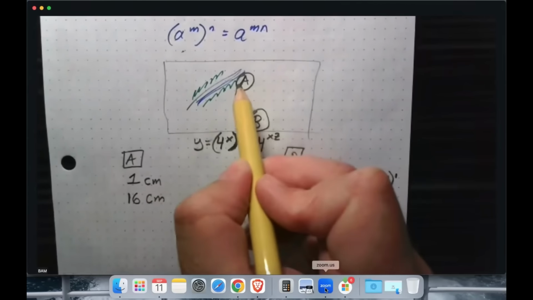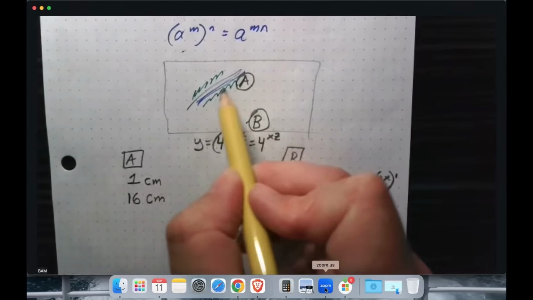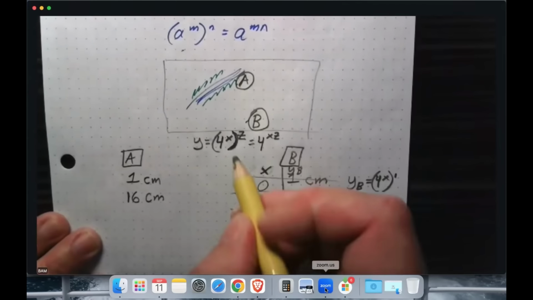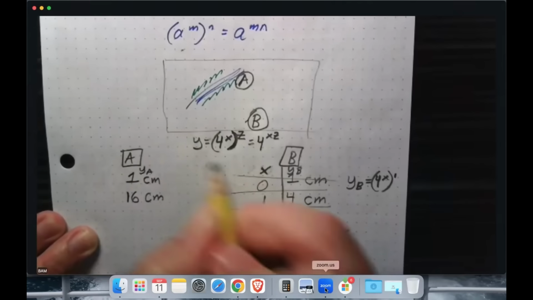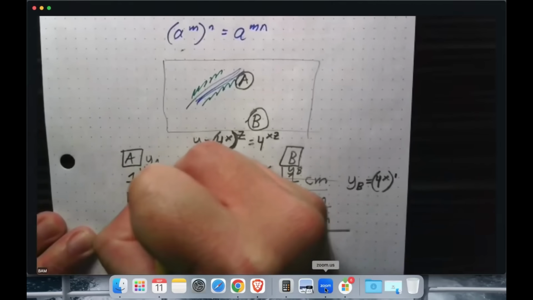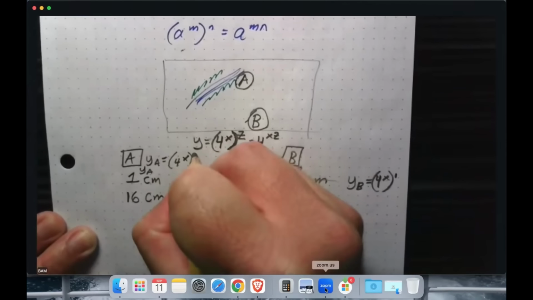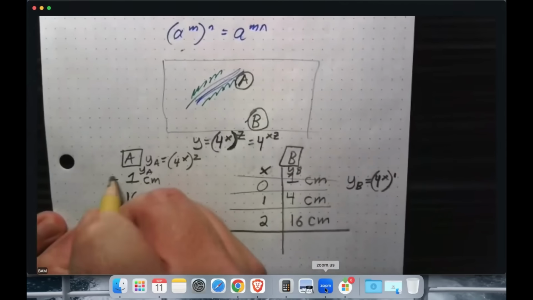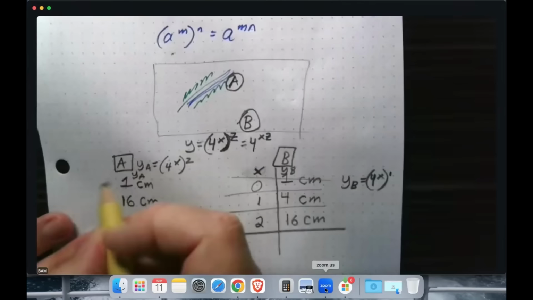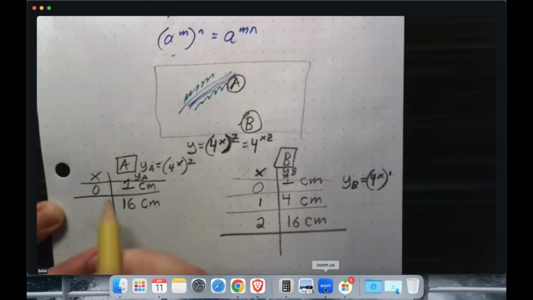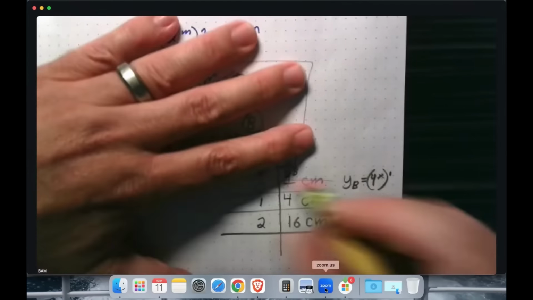Now you have the other plant that's by the water, and let's say its formula is y sub a equals 4 to the power of x squared, and this is for the height of the plant. At x equals 0, they're the same height, both 1 centimeter tall.